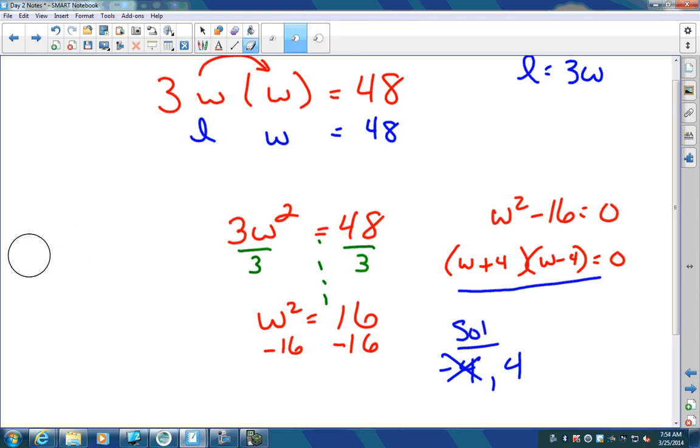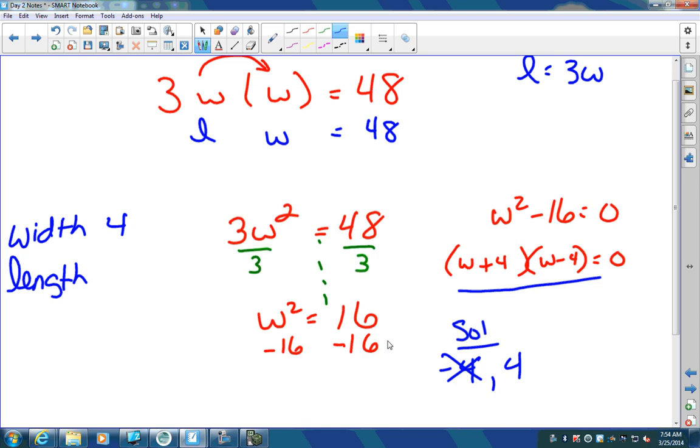My width is 4. What's my length? Right here. Length is 12 because it's 3 times 4. So the length is 12. But when you do these word problems and you're talking about length and width, or height, you have to get rid of the negative number.